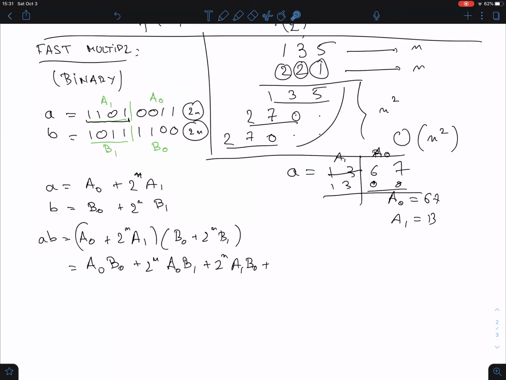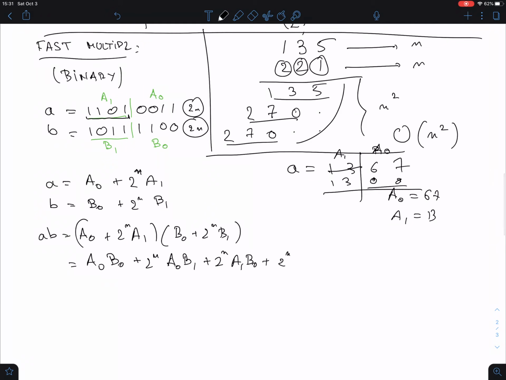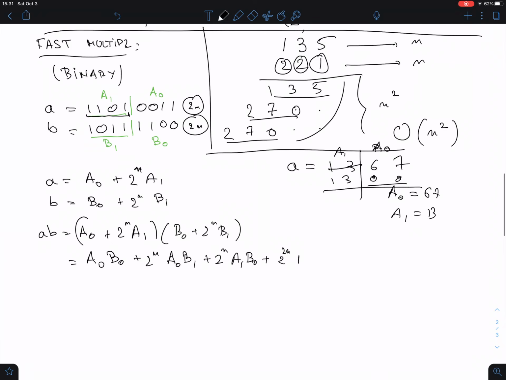If I multiply these two terms, I have 2 to the n times 2 to the n, that is 2 to the n plus n, that becomes a new exponent, so 2 to the 2n, A1 B1. You okay with that? Okay.